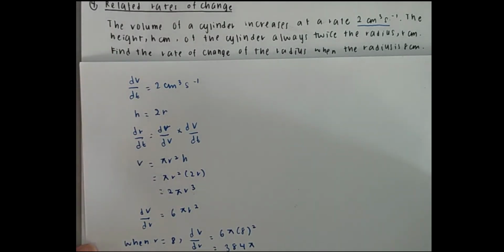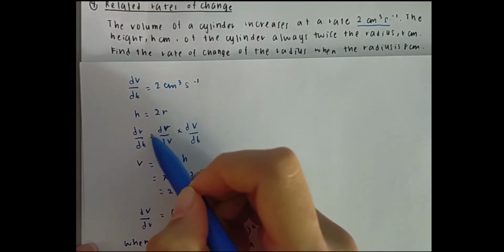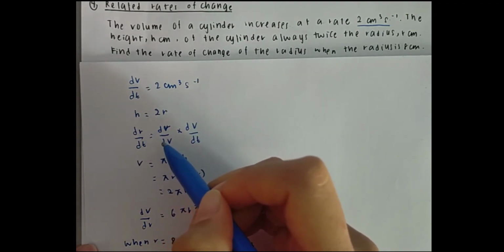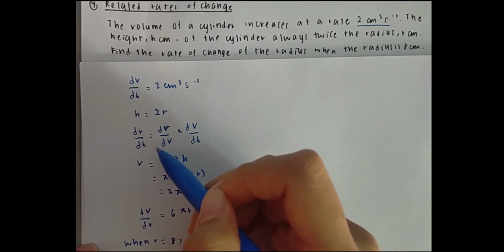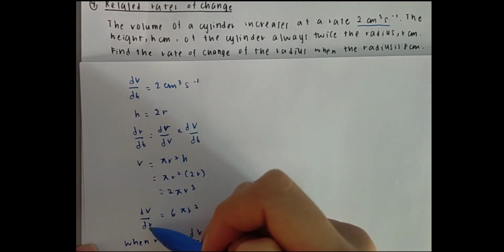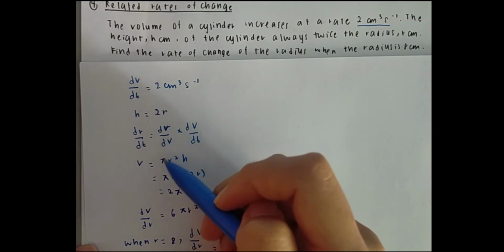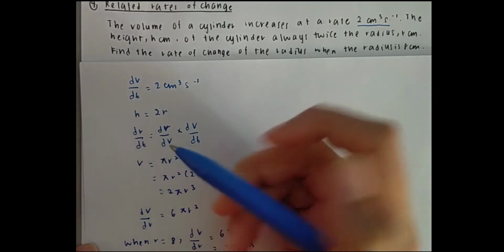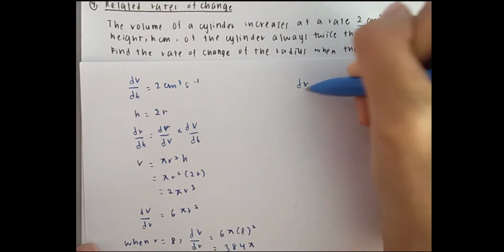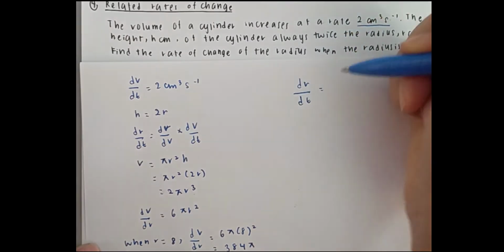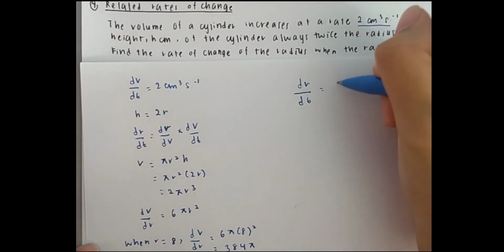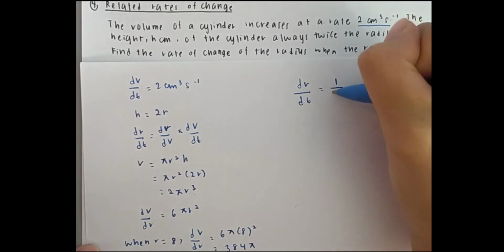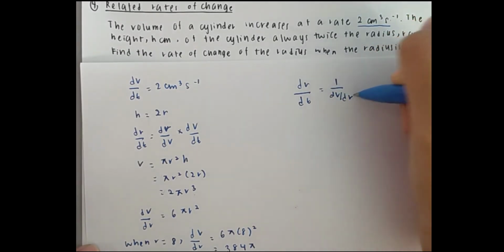Next, we need to find the rate of change of the radius when the radius is 8 cm. We know that we have dV over dr, so dr over dV will be 1 over dV over dr. So dr over dt is equal to 1 over dV over dr times dV over dt.